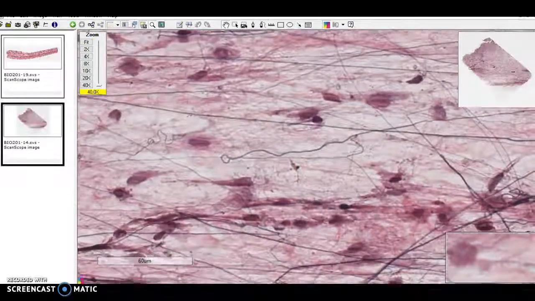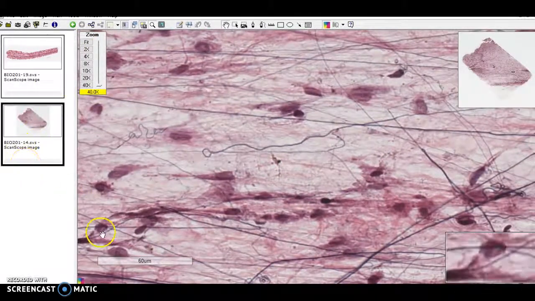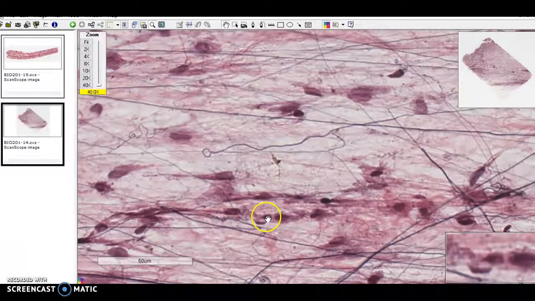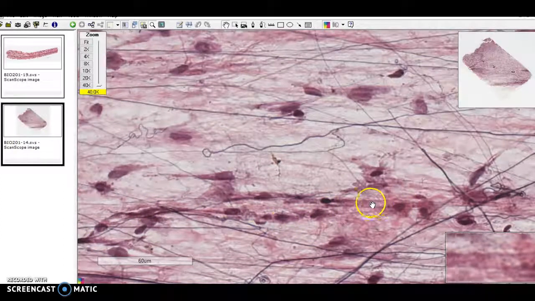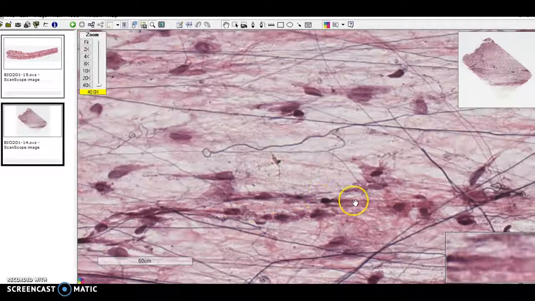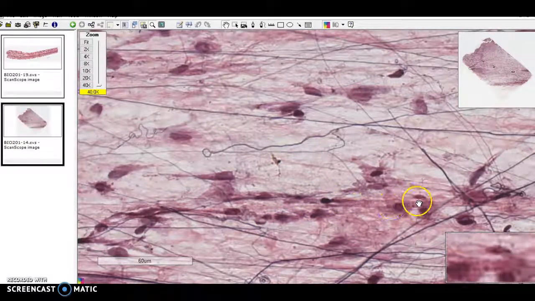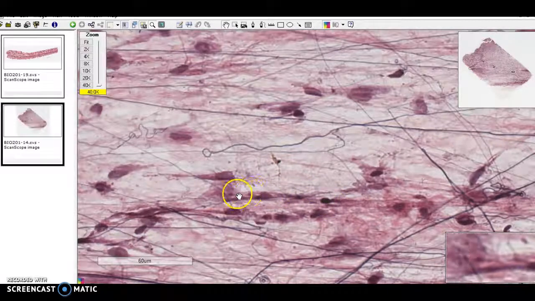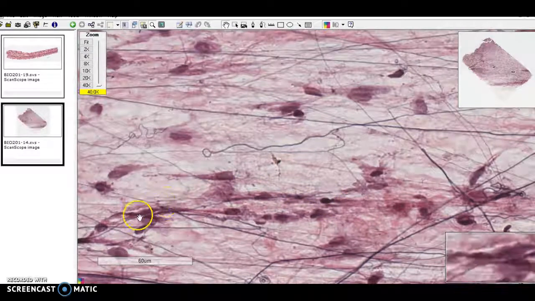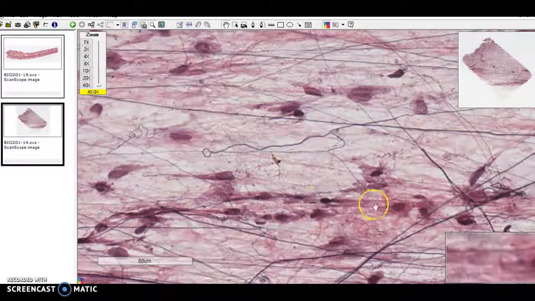There are blood vessels, and I think maybe we can see one right along here. You may get a sense of what a capillary looks like. Very, very narrow tube made of simple squamous epithelium that would be traveling through this areolar tissue.